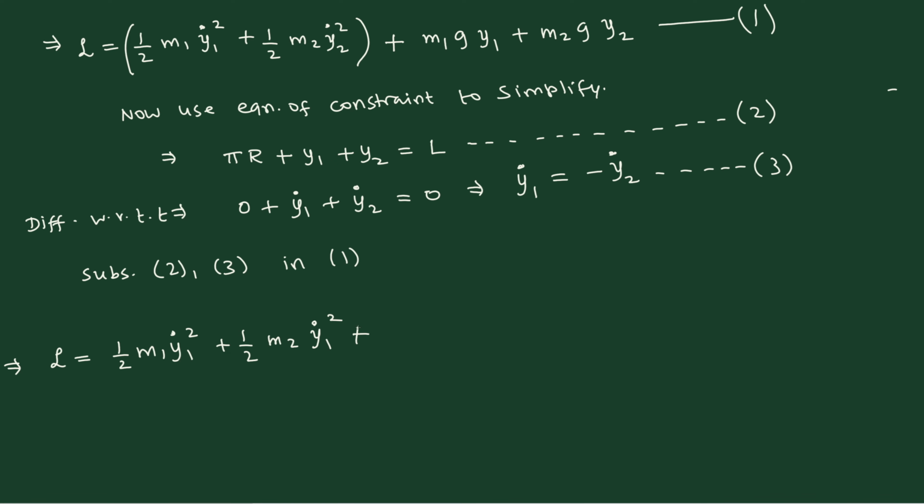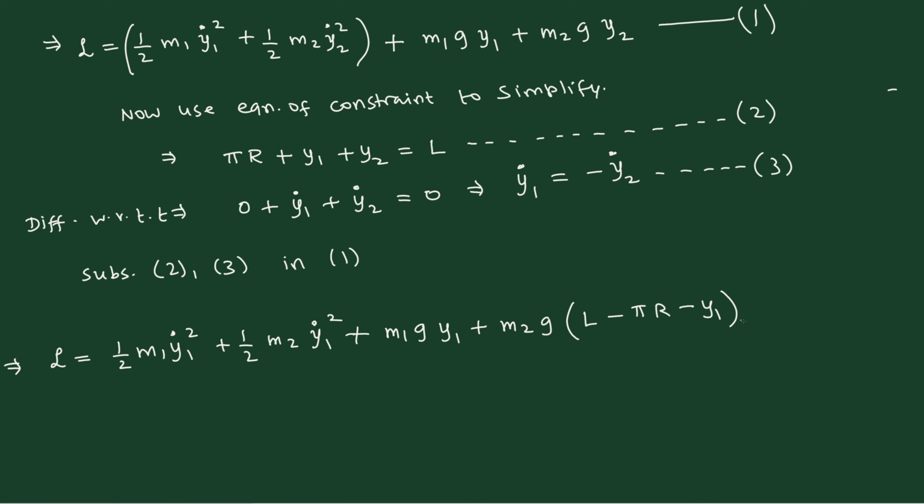Then the next term would be plus m1 g y1, then plus m2 g, here this is the place where we will replace y2 will be equal to L minus pi r, then you have a minus y1, and that's all. So this is the simplification that we have done.